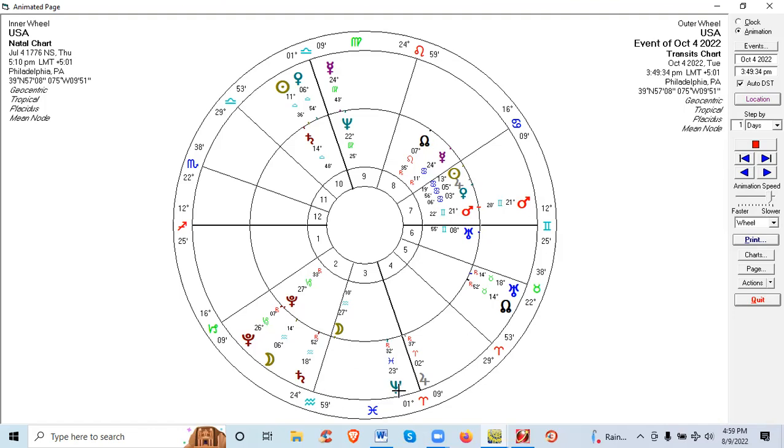Okay, so Neptune, well, look at that. Transiting Neptune is at 23 Pisces retrograde, so it's going to go back. It's close enough, making an opposition to the United States' Neptune. So there's more disillusionment, and transiting Mercury is also making an aspect to transiting Neptune at the same time.